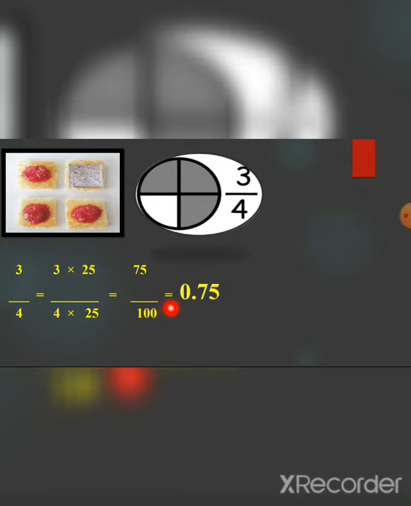So what decimal did you get? 0.75. So the value of 3 quarters in decimal form is 0.75. Understood, students, how you will convert half, quarter and 3 quarters into decimal form?